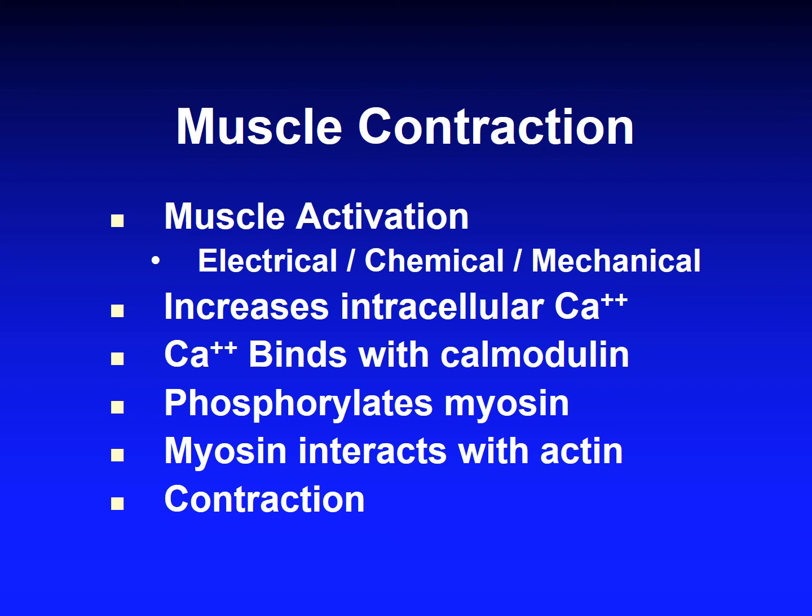These are the two requirements. Now, when we have this, we have two types of contraction happening. We either have a phasic contraction, which happens for a pretty short period of time, or we have a tonic contraction, which happens for a long period of time.